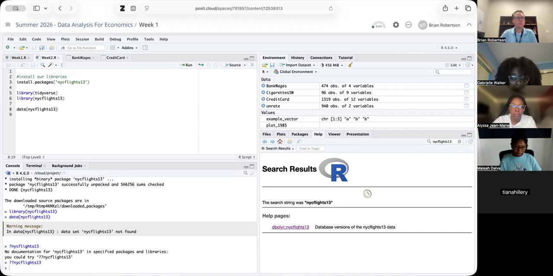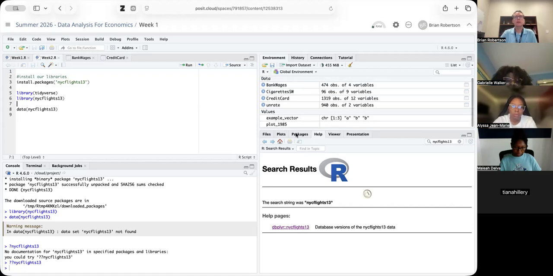Did my data go? One second, guys. Where did this data go? It should have loaded. Where did it go?